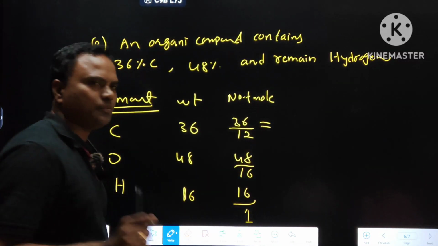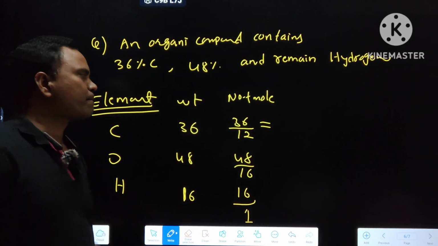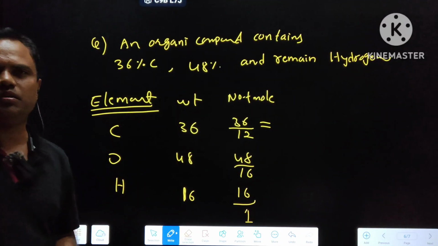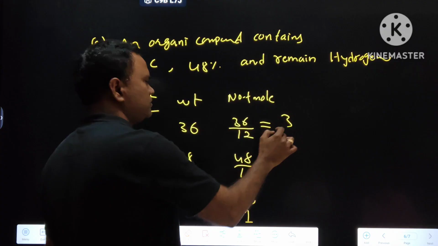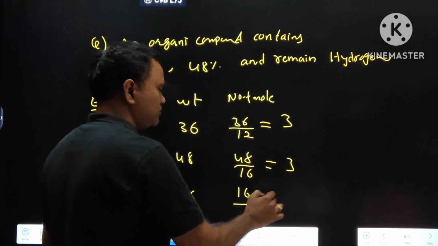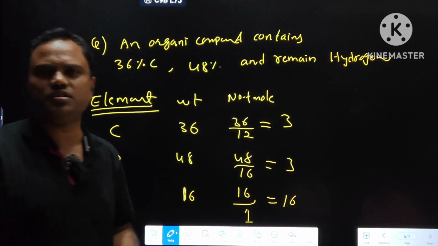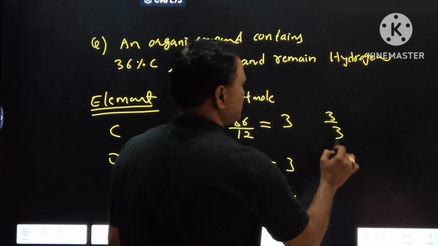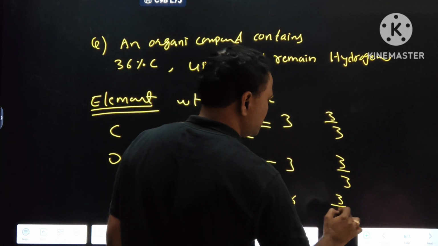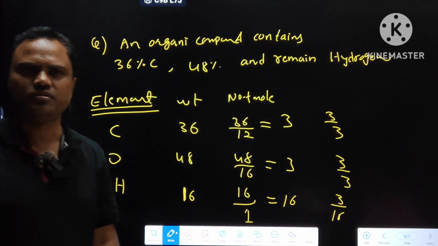Take approximate values only. Approximately 12 into 3, direct, 3, 16, which is the least value 3. Divide the remaining by 3, 3 by 3 and 3 by 16. Here we have to take approximation.